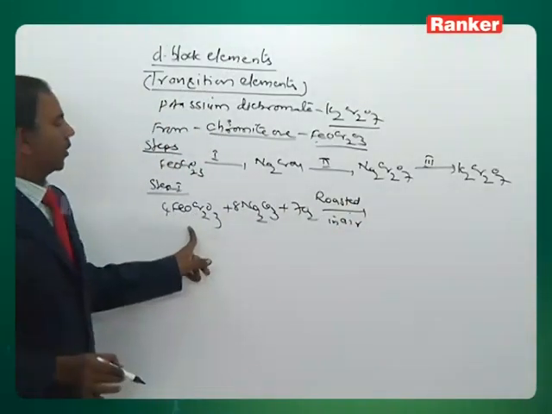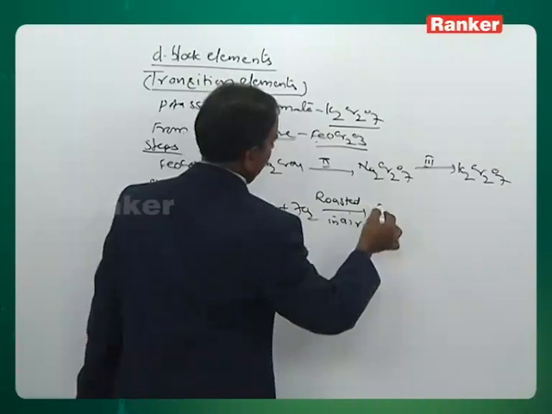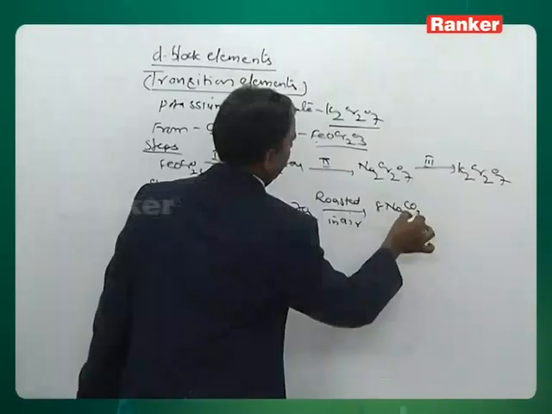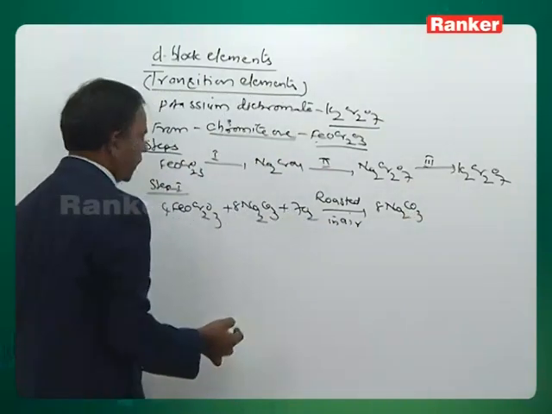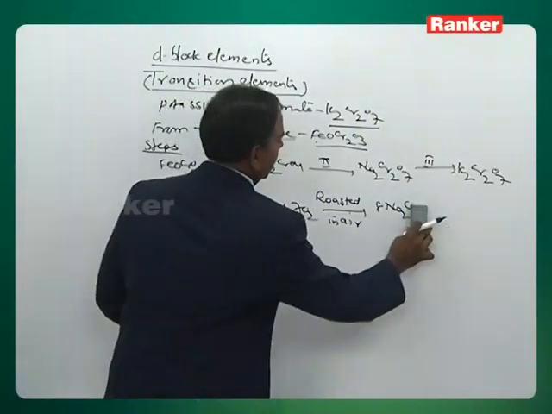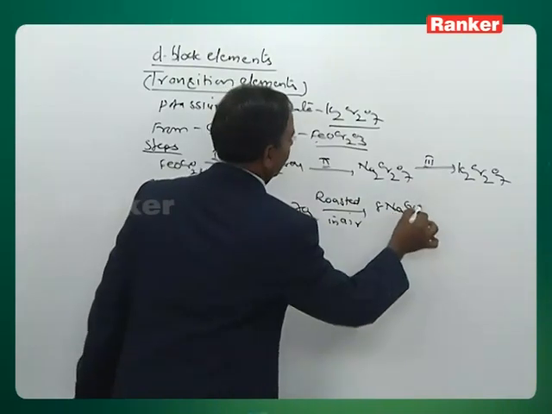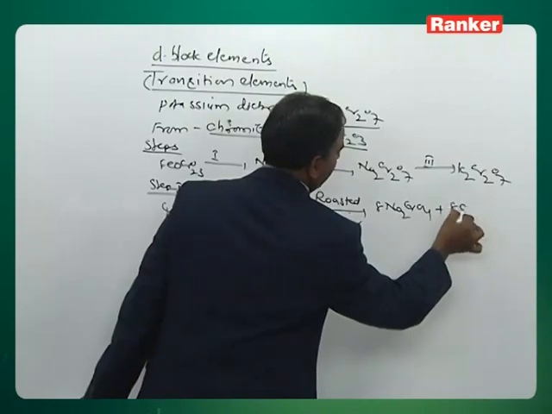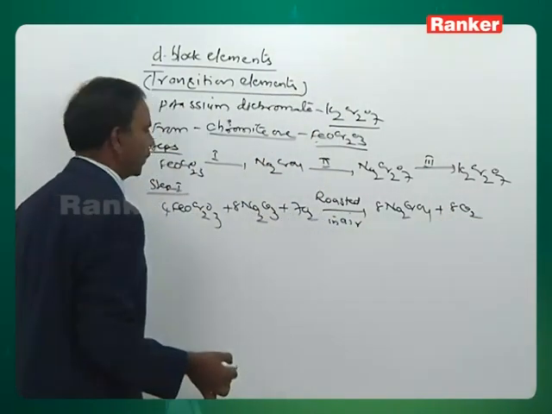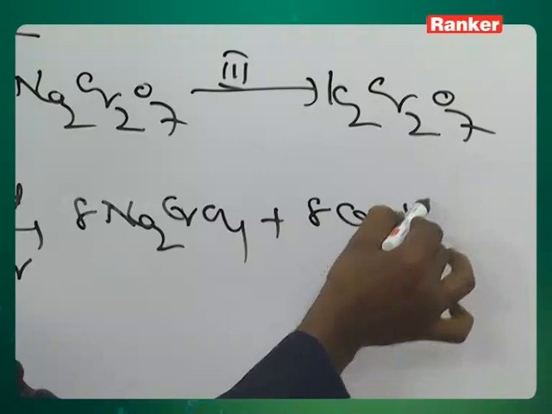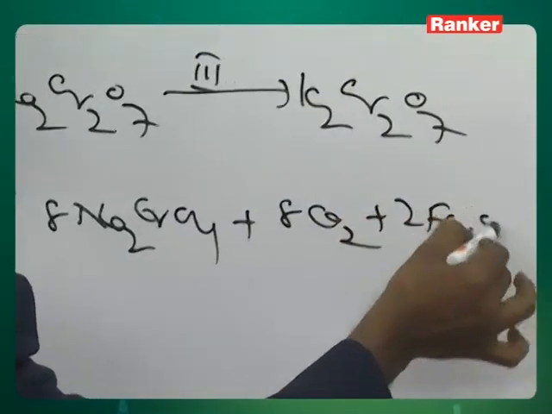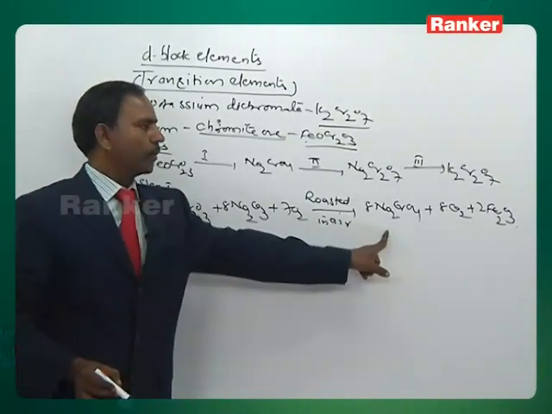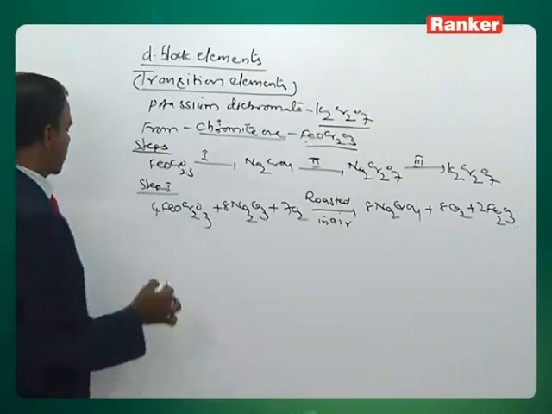Then the chromite ore converts into sodium chromate: 8Na2CrO4 plus 8CO2 plus 2Fe2O3. The first step, chromite ore converts into sodium chromate. Let us come to the second step, step 2.